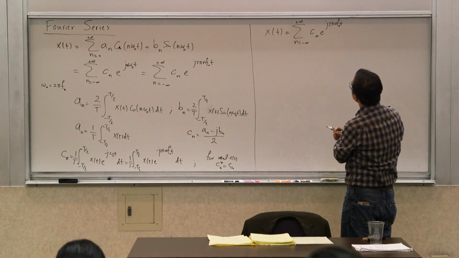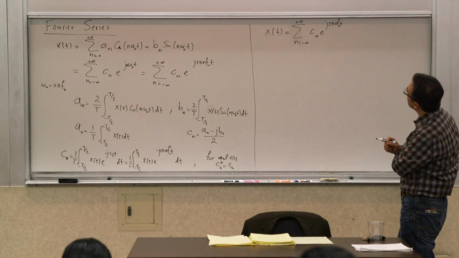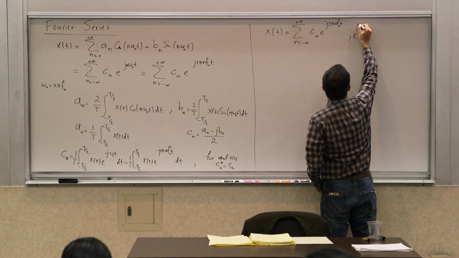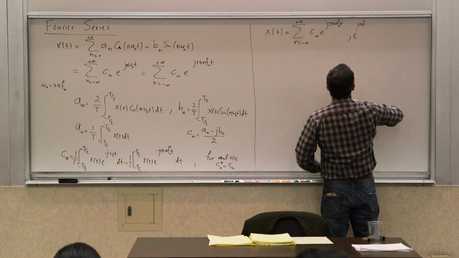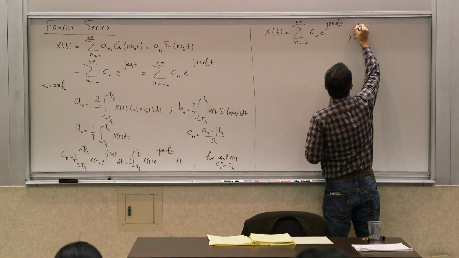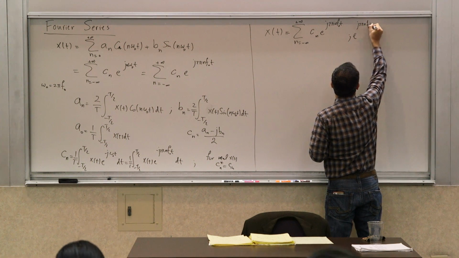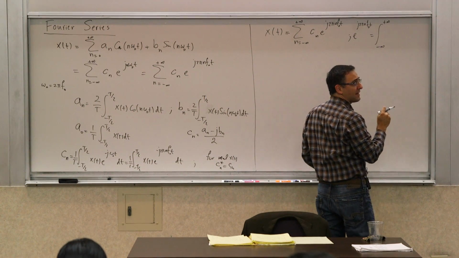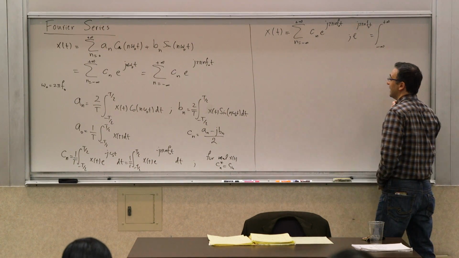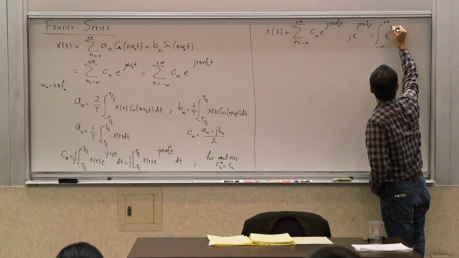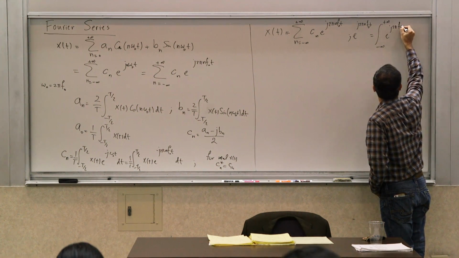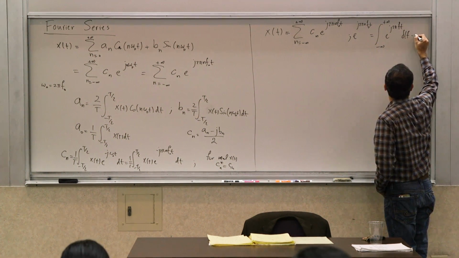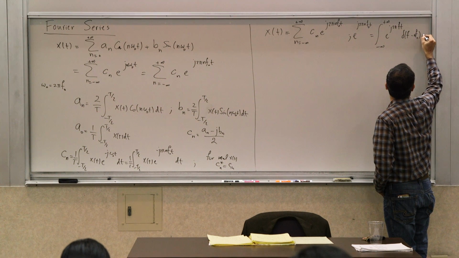And you could say, okay, that's fine, but I can also use the sifting property of the delta. So I can write e to the j 2 pi n f naught t as an integral, from this very basic property of delta that we discussed very early on in the class, as the integral of e to the j 2 pi f t delta of f minus n f naught df.